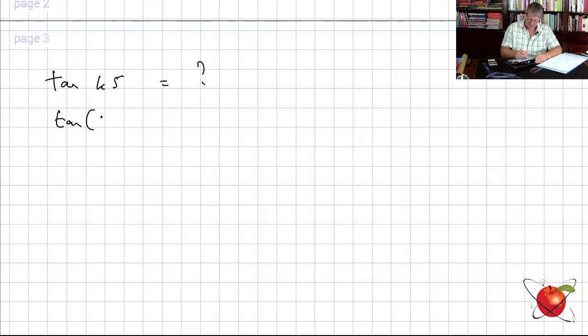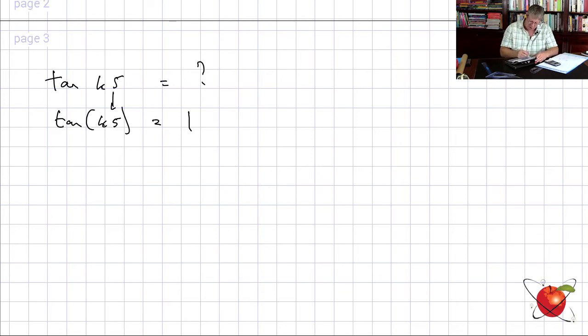Right, what do we do now? But hang on, that was straightforward. We said here, tan of 45 equals what? In your calculator you pressed tan, open brackets, put in the 45, and pressed equals. We said tan 45, close brackets, equals 1.